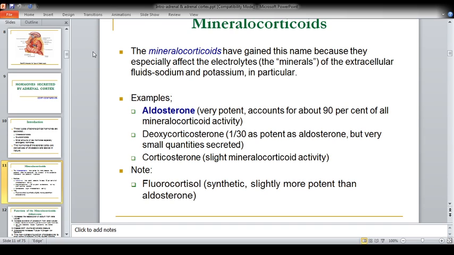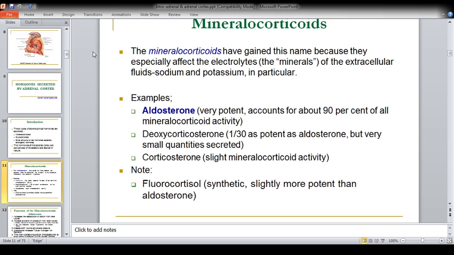So these mineralocorticoids would act on absorption or excretion of minerals from the extracellular fluid. Mainly aldosterone is responsible for the increased absorption of sodium and excretion of potassium.